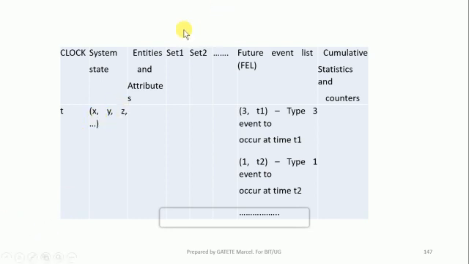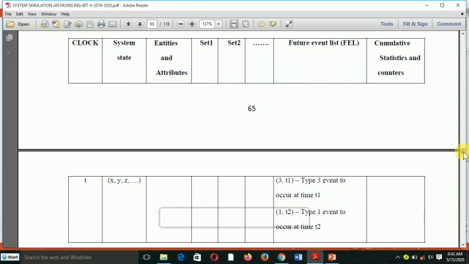So I can have also entities and the attributes. Here system state x, y, and z. Entities and the attributes, they are not there. Set 1, set 2, not there. Future event list is here.